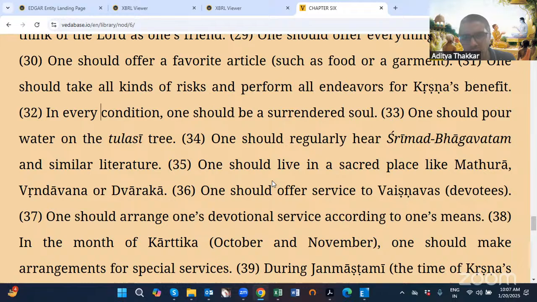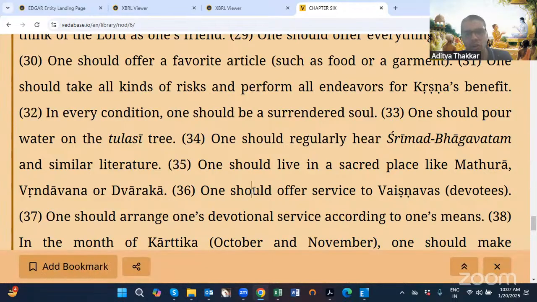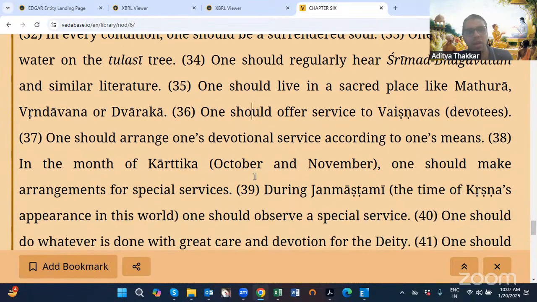One should live in a sacred place like Mathura, Vrindavan, or Dwarka. 36. One should offer service to Vaishnavas, devotees. 37. One should arrange one's devotional service according to one's means. 38. In the month of Kartik, October and November, one should make arrangement for special services. Hare Krishna.